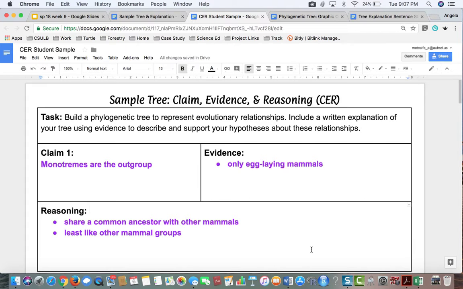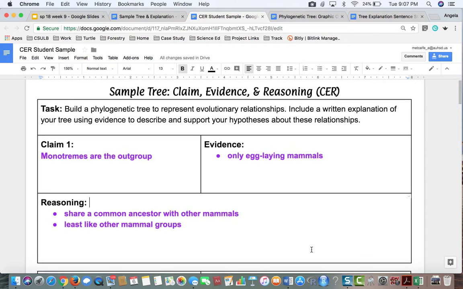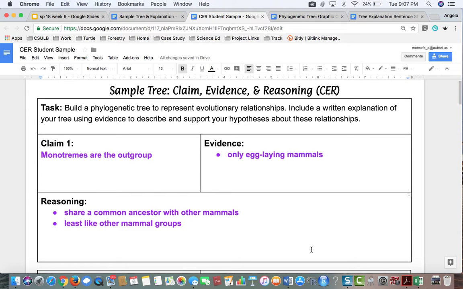And again, your task is to build a phylogenetic tree and then to explain it. So on here you have a graphic organizer, and for each section you have a section for claim, a section for evidence, and a section for reasoning. So each claim should be backed up or supported by evidence, and it should be explained through reasoning.